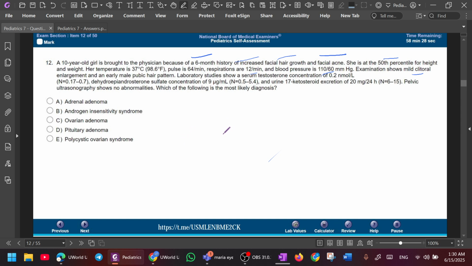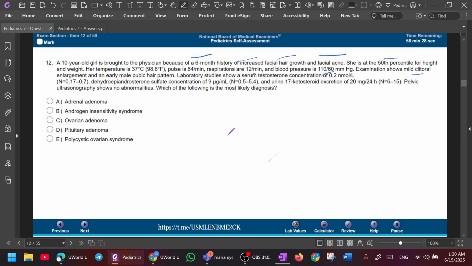mild clitoral enlargement and early male pubic hair pattern. Lab study shows serum testosterone concentration of 0.2 nanomole per liter, normal.